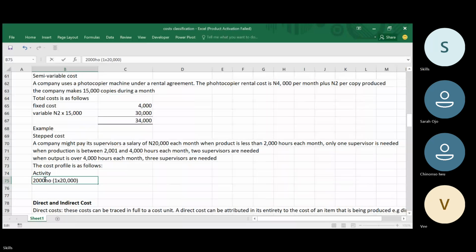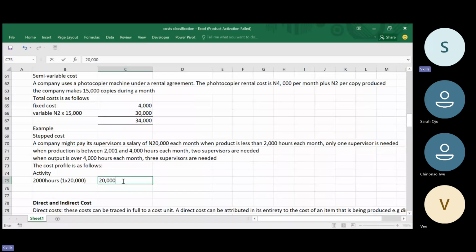2,000 hours. When 2,000 hours is needed, only one supervisor will be required, and the pay for the supervisor is 20,000. So 1 times 20,000 is still 20,000 when one supervisor is needed.